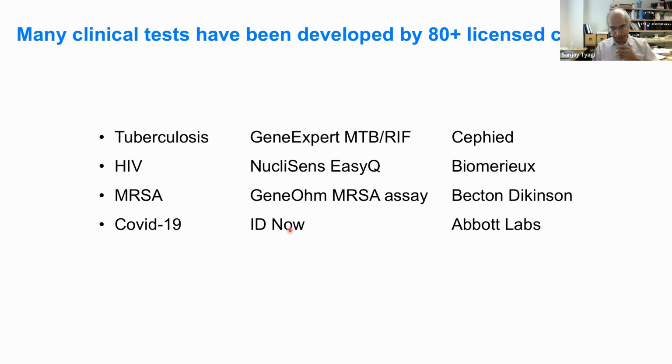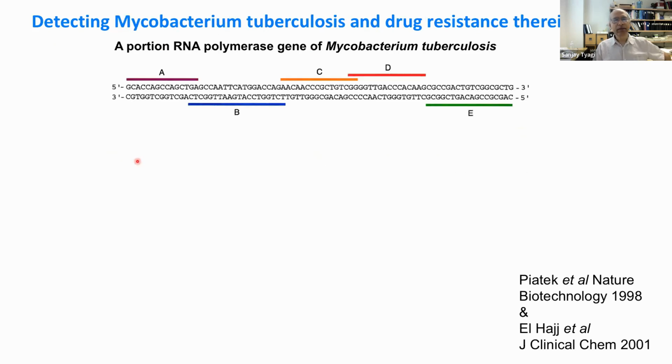So I'll just take a moment to describe one of these assays for tuberculosis that we helped develop. And this would also describe to you the multicolor aspects of the beacons.